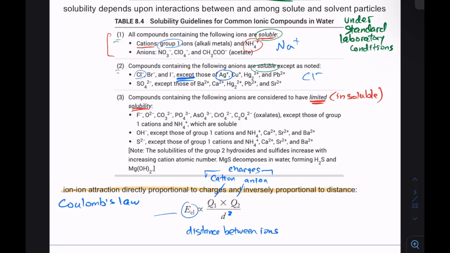And this is simply the electrostatic potential energy. So this is your attraction. This is what we're competing with, versus that stabilization with water.